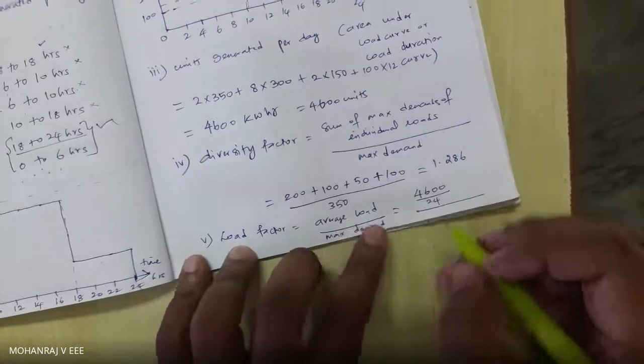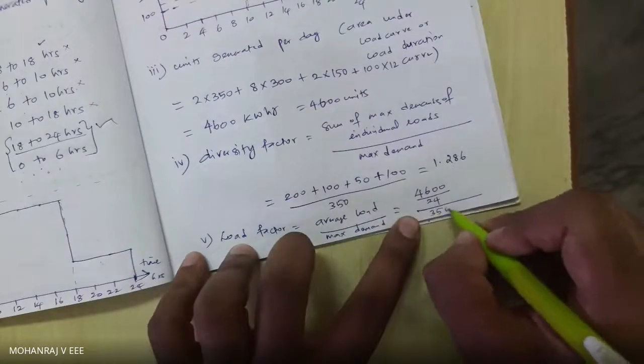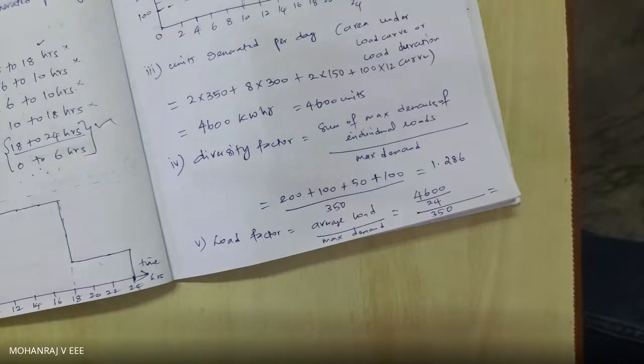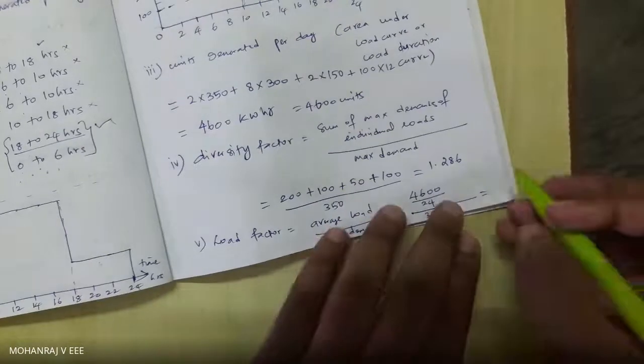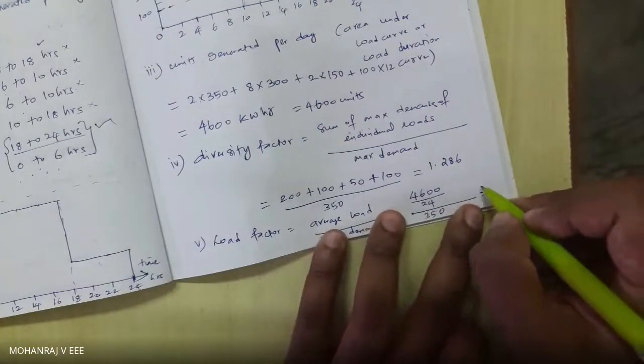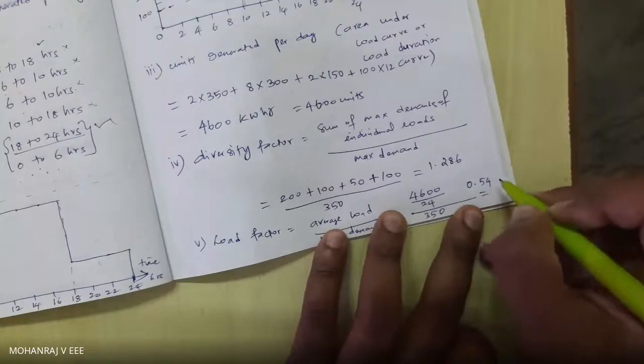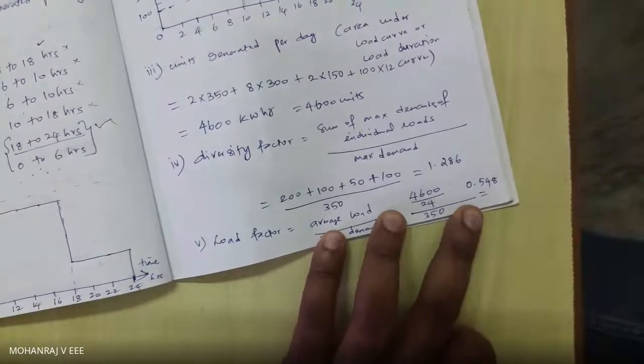By maximum demand, which is 350, this will give my load factor. So my load factor is equal to 0.548.